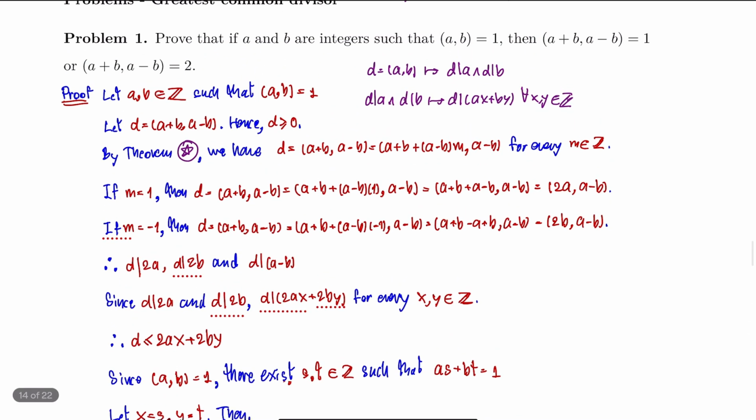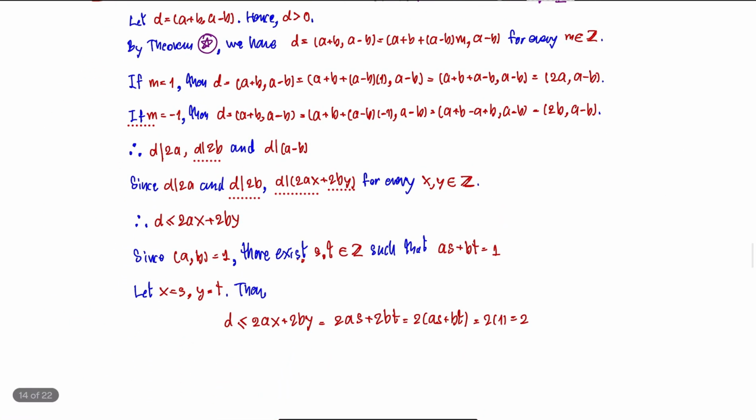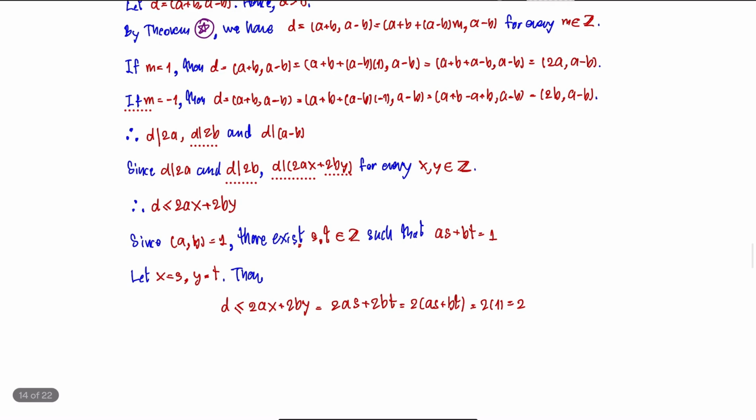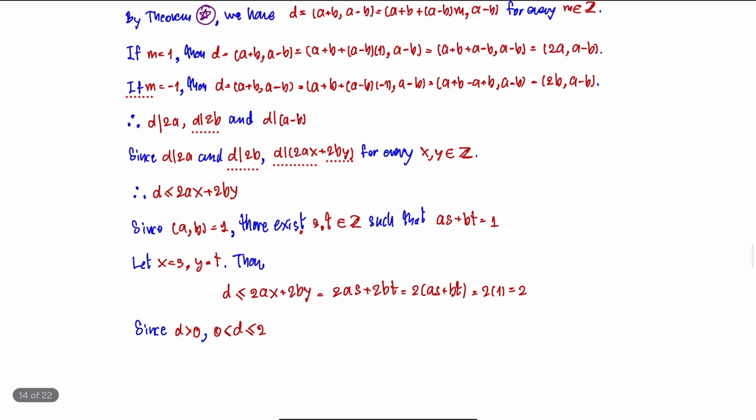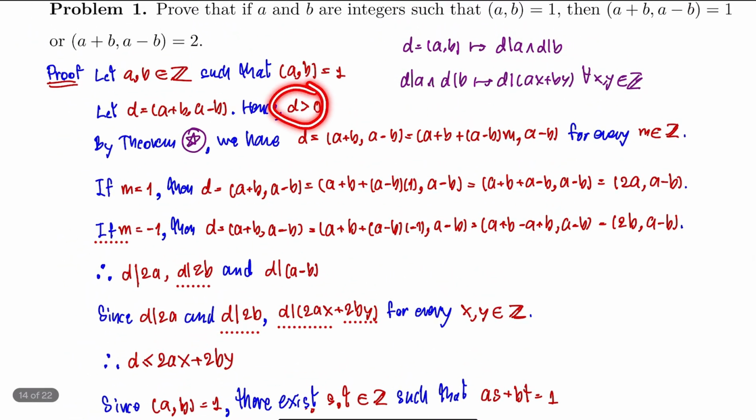But d must be, I think it's just greater than 0. Okay? It must be greater than 0. Right? So what do we have? Since d is greater than 0, d will be greater than 0 and less than or equal to 2. Okay, d must be greater than 0 because 0 cannot divide any numbers, right?